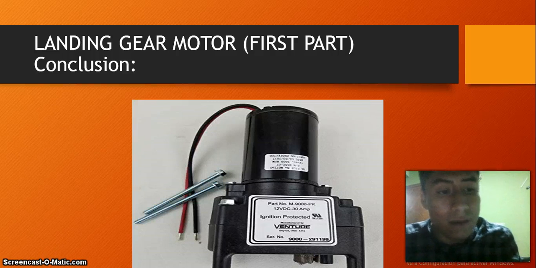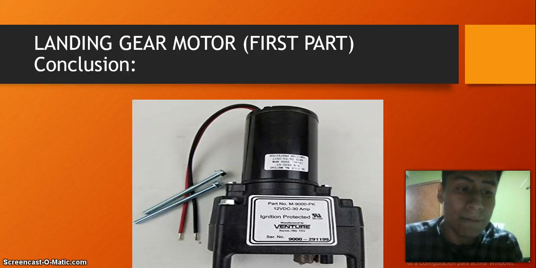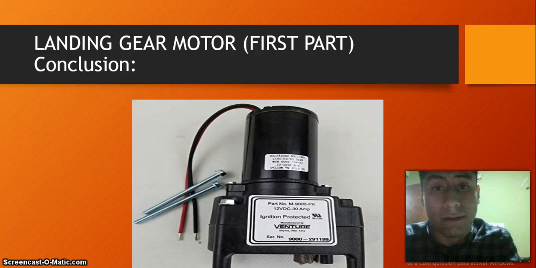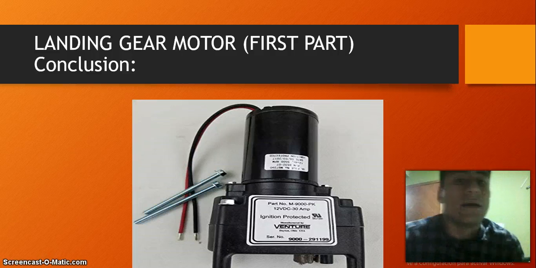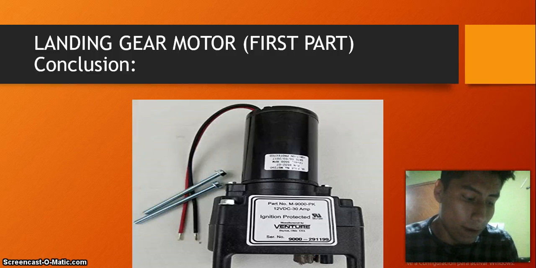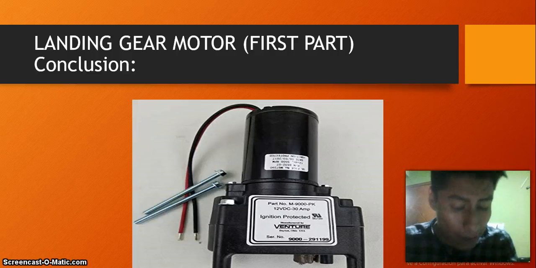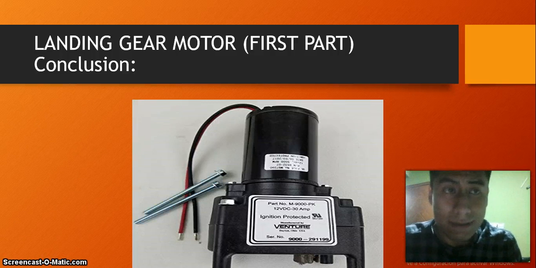On the other hand, the motor turning points were also measured. These are the red and yellow cables of the motor. The measurement of the yellow cable is 2.66 ohms, and the black cable is 2.6 ohms.